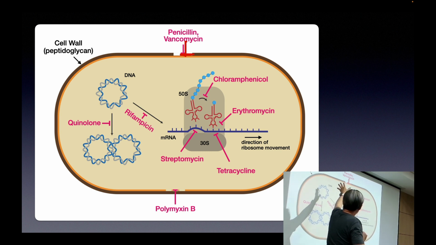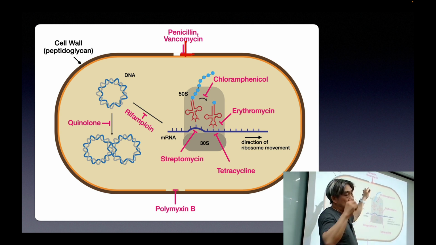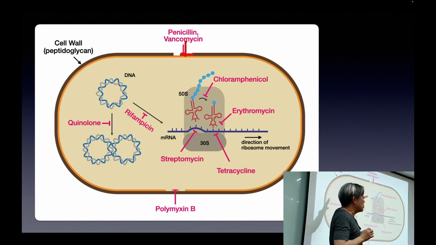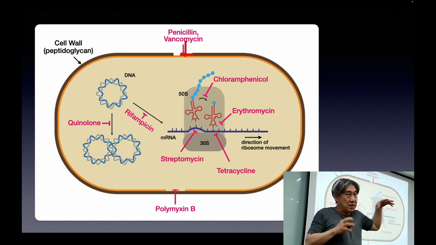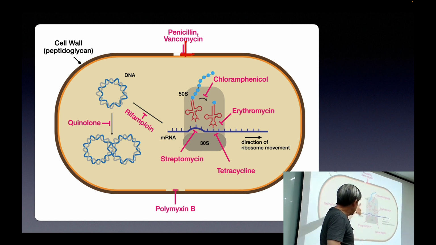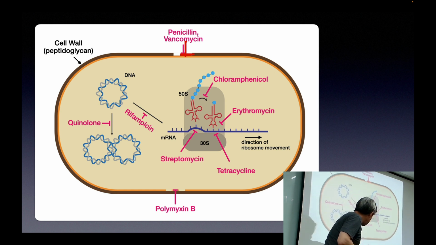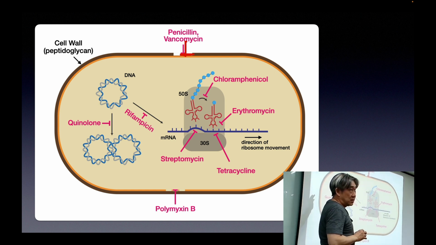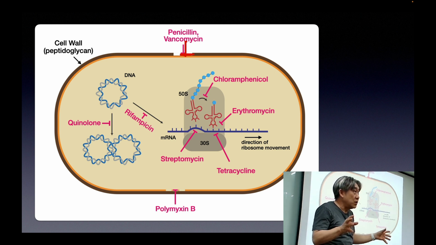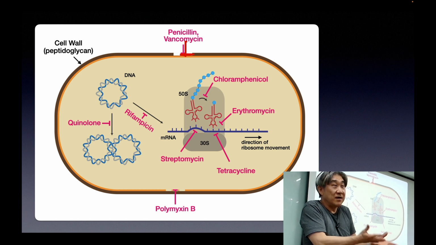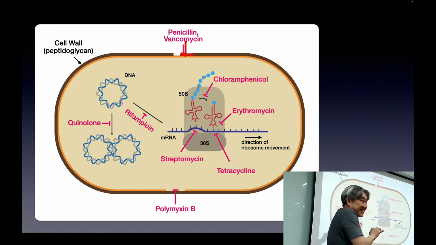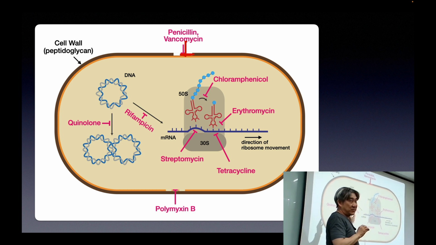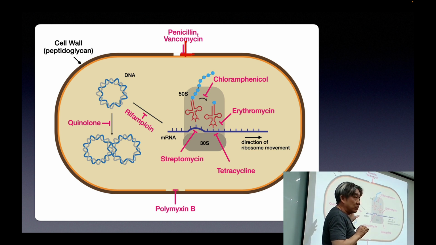Penicillin and the same type of antibiotics, or vancomycin, both work by inhibiting bacterial cell wall synthesis. If bacteria cannot make their cell wall, they cannot grow, so they are dead meat. This is a very effective way of containing bacteria.